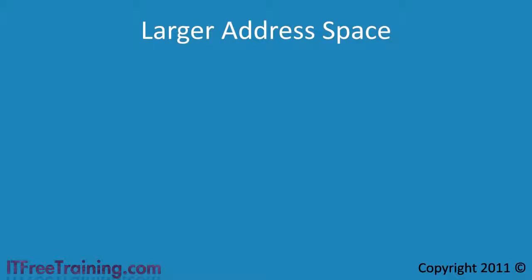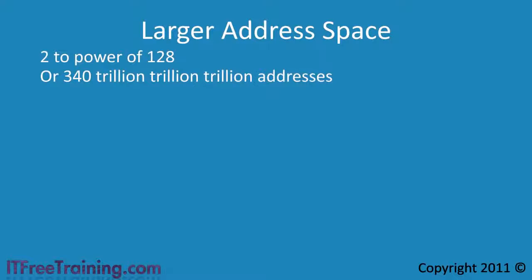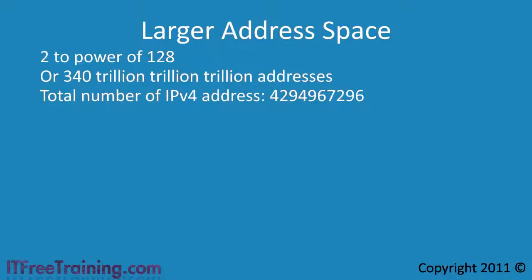address space. There are many different ways that people have used to describe how many addresses are available in IPv6. The number of addresses is 2 to the power of 128, or 340 trillion addresses. To put this in perspective, IPv4 has over 4 billion addresses.